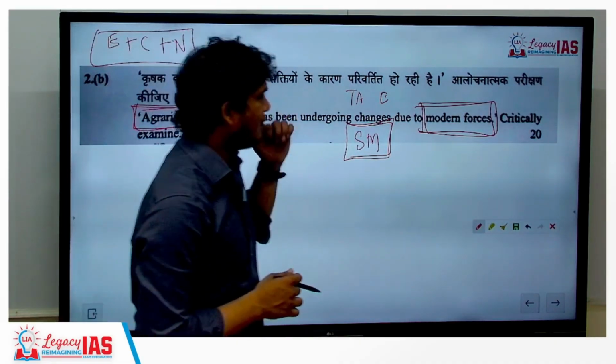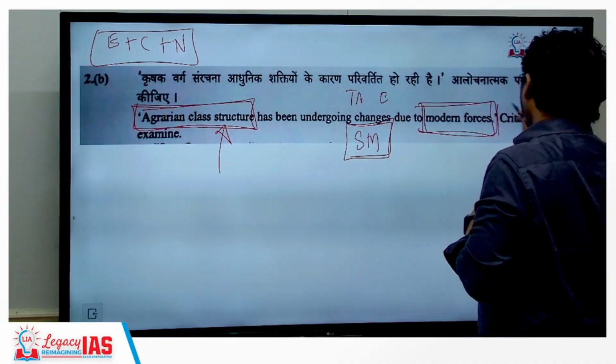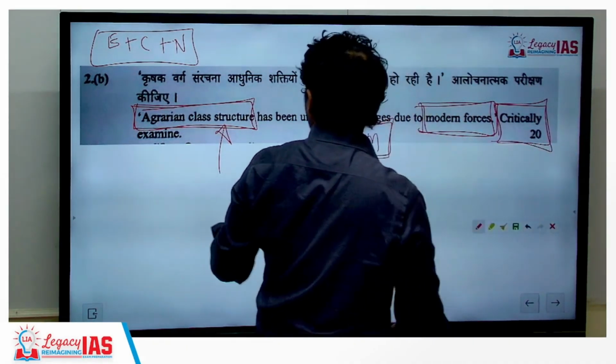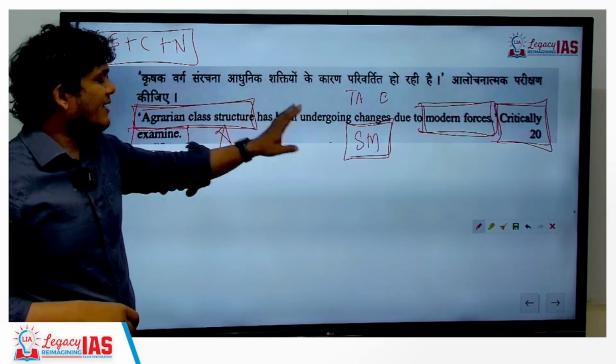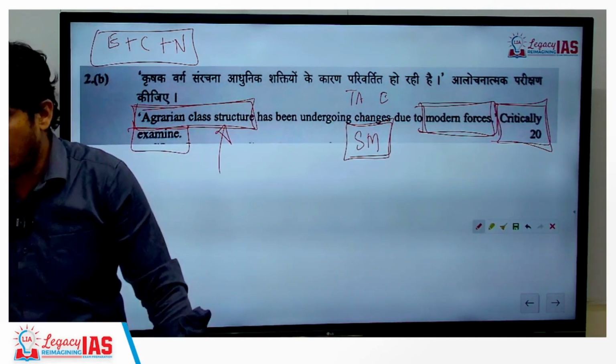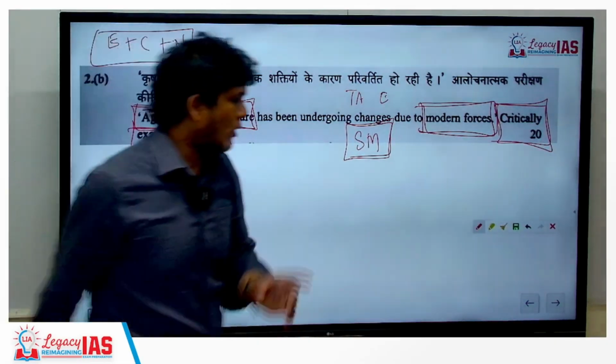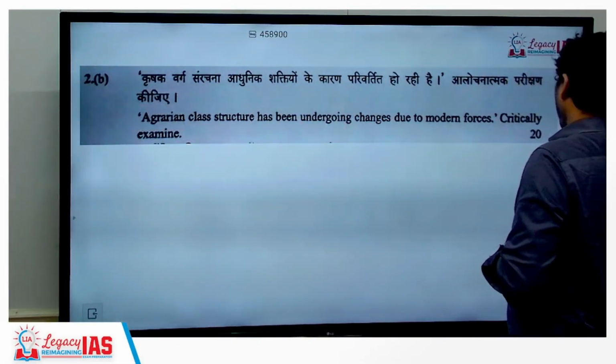This is what we will discuss over here, because they have asked us to critically examine. So in the first part we agreed, in the second part to an extent we disagreed with the same concept. Let's move ahead.